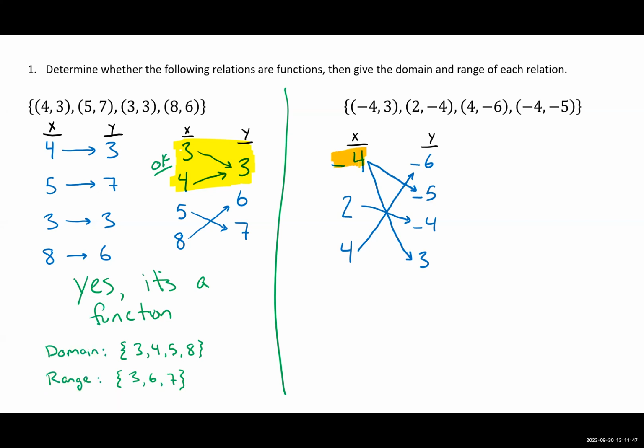Because this negative 4, this one x value, is going to the y value of negative 5, and it's also going down here to the y value of 3.